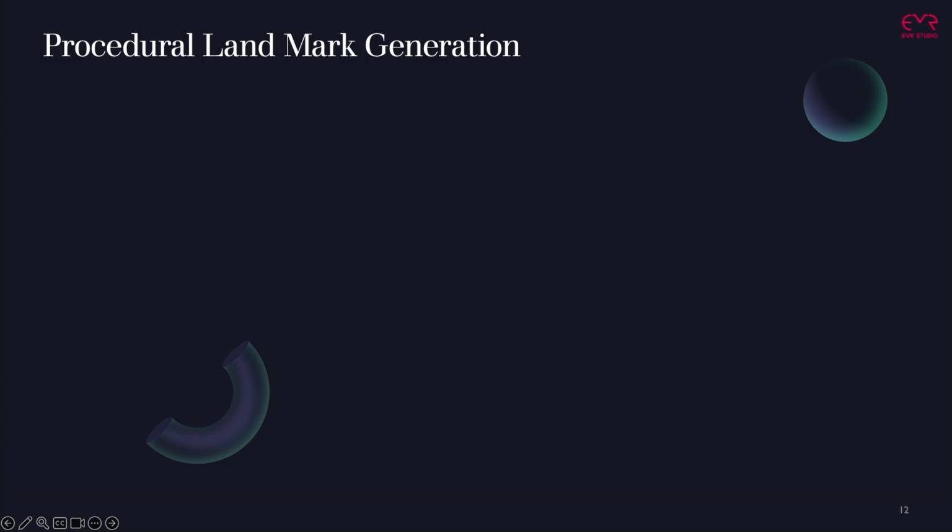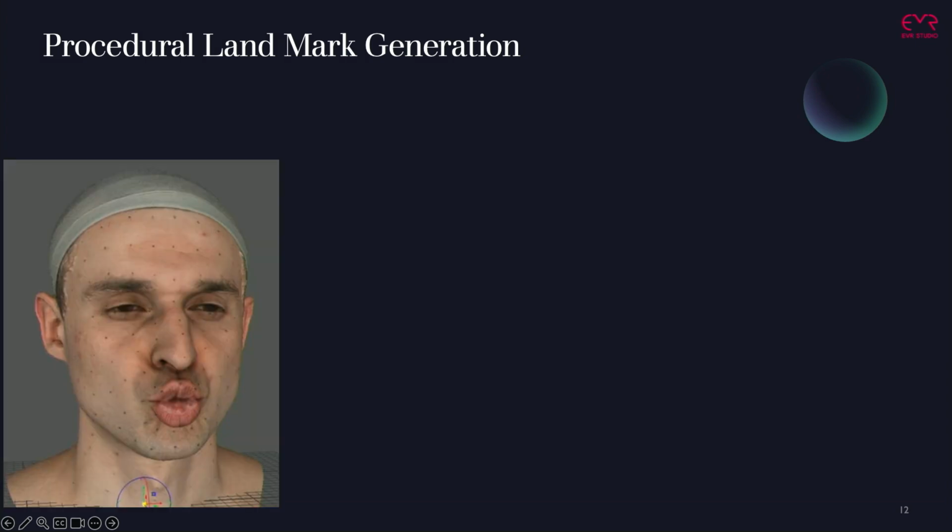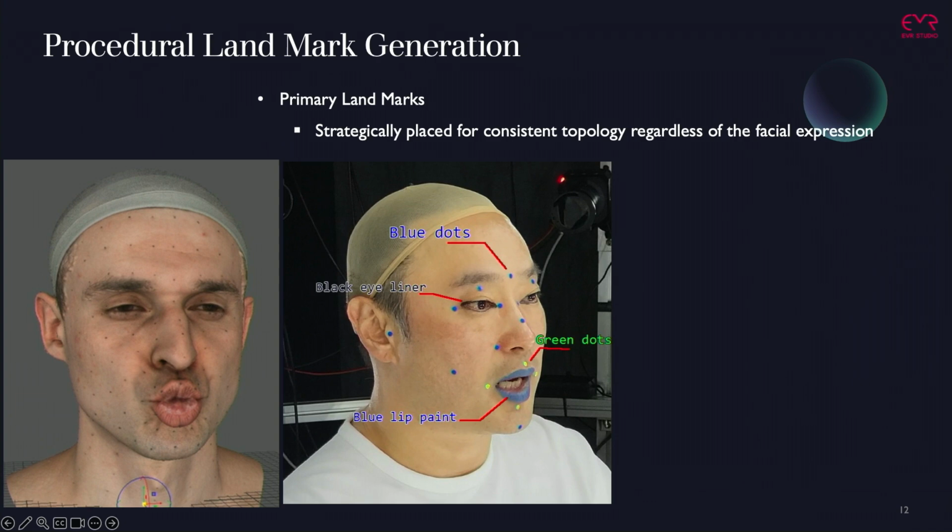Instead of marking dozens of black dots, the method used by the previously mentioned third-party app, we stuck 19 strategically placed stickers of two colors, blue and green, as primary landmarks. We also painted eyeliners on the eyes and blue-colored lip paint to identify the detailed landmarks.